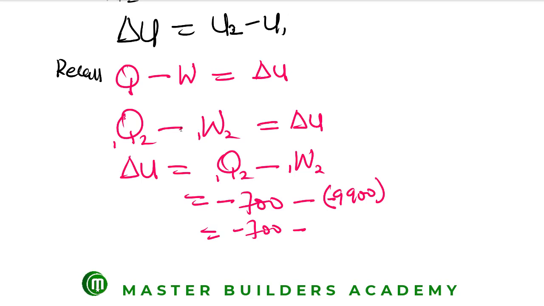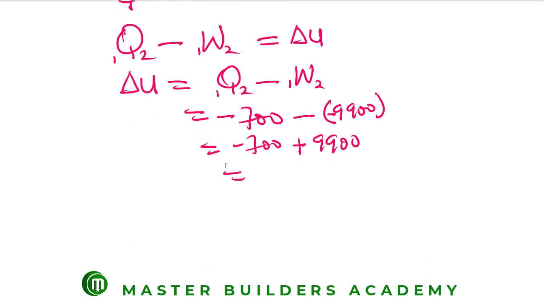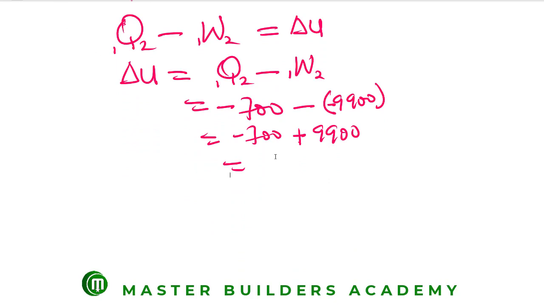So minus multiplied by minus will give us plus 9,900. Are we there? So minus 700 plus 9,900 gives us 9,200 kilowatt. This is what we have as the internal energy. It's as simple as this.